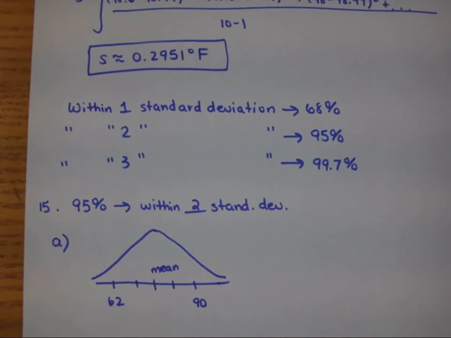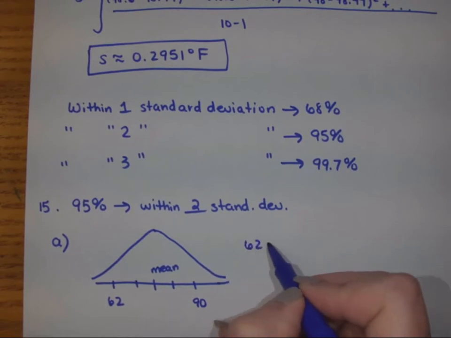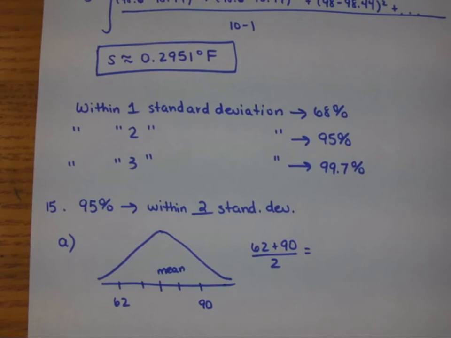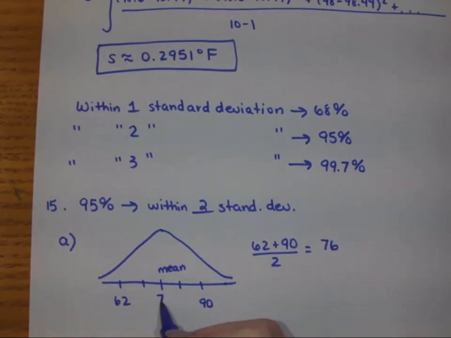So we just need to figure out what would go halfway in the middle. So if we want to know the mean, we can literally find the mean of 62 and 90. If you add those up, you will get the middle ground, which is 76.